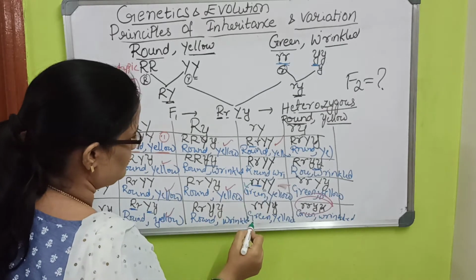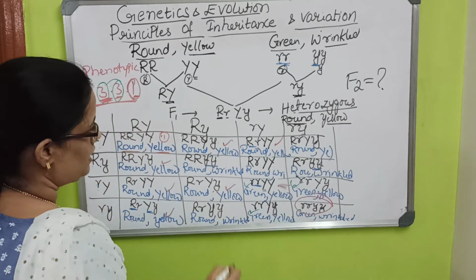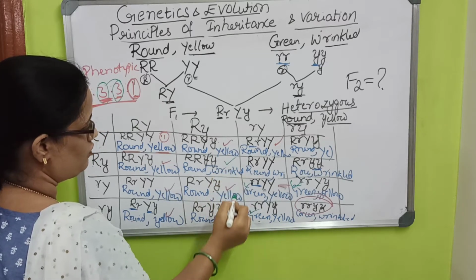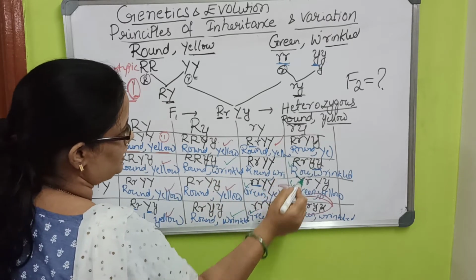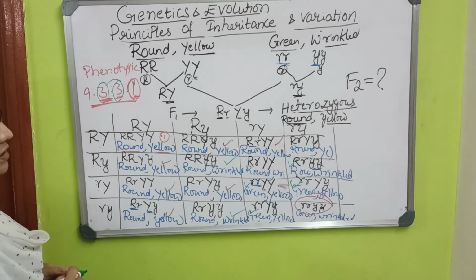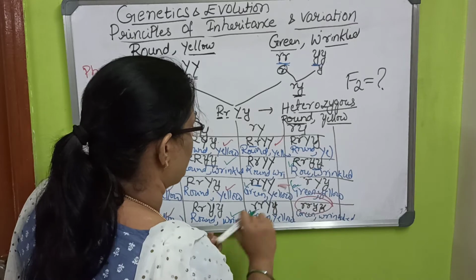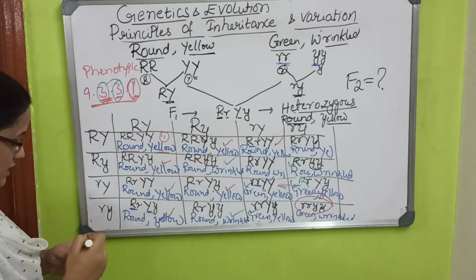So here round 1, 2 and 3. All others are here capital R. So you have to do this carefully.